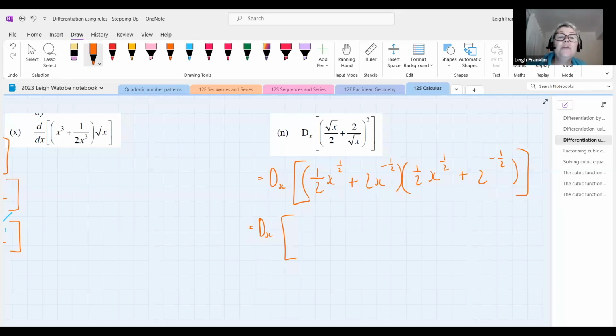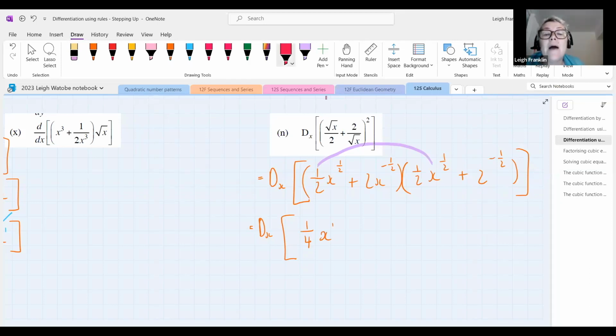Okay, so now we're going to be doing FOIL. The first thing that I'm doing is the firsts. First term with first term. So a half times a half is a quarter. When you multiply like bases, you add your exponents. So a half plus a half is 1. Not that you need to write the 1 there, but I'm just putting it there first.